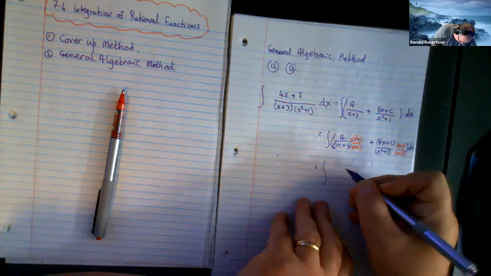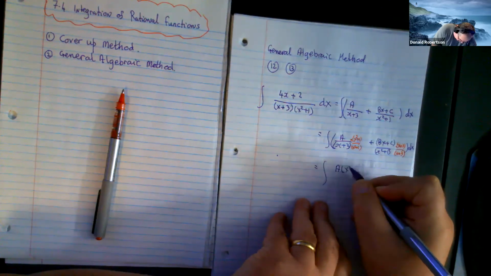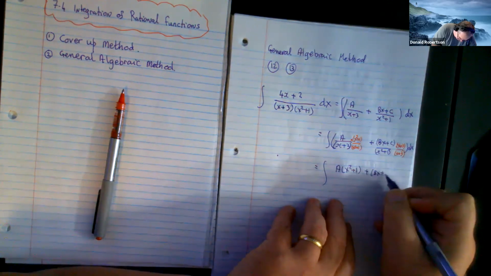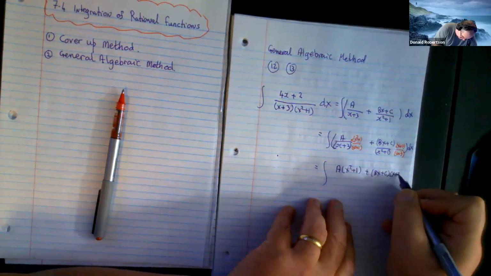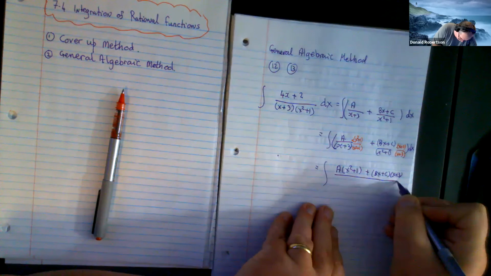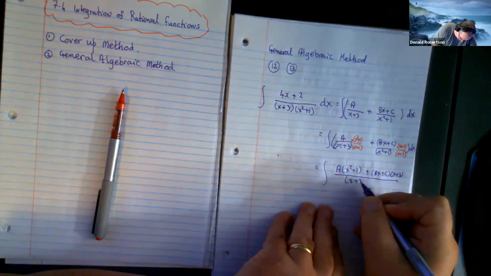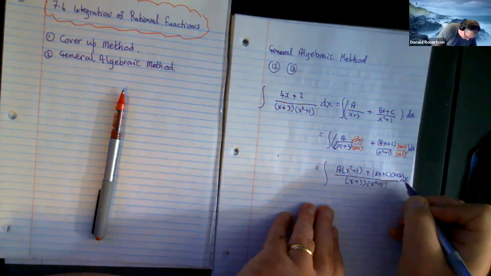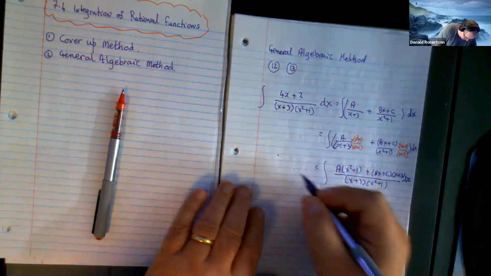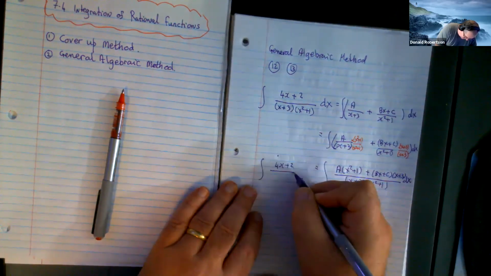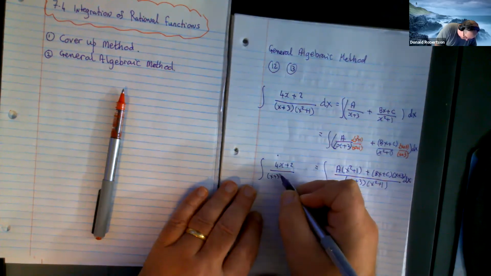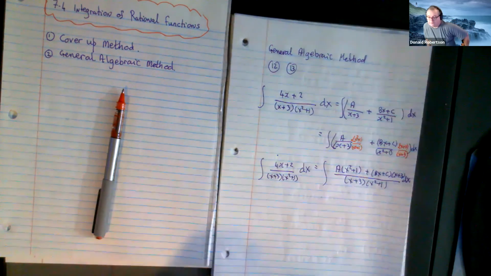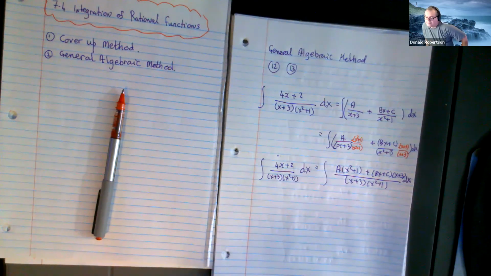So now what I have is a(x squared plus 1) plus b x plus c(x plus 3), all over the same denominator. Are you with me so far?